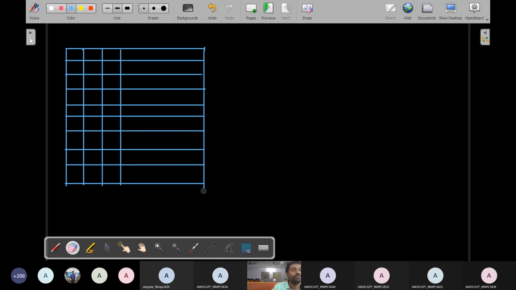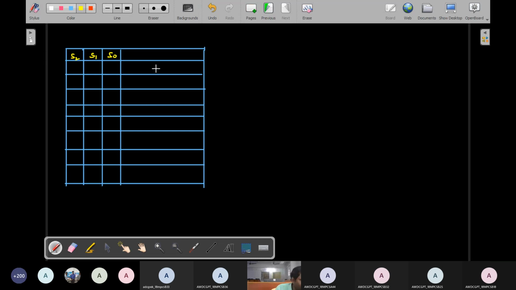I'll write here: this is selecting input S0, this is the S1 selecting input, and this is the S2 selecting input. Selecting inputs are always written in this manner: S0, S1, S2.